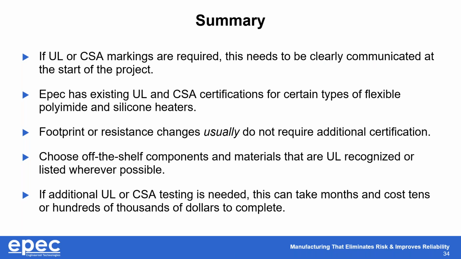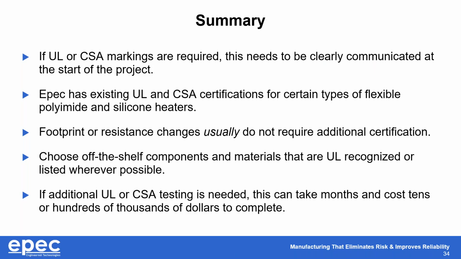But generally speaking, if all you're changing is the footprint and the bill of materials and stack up of the heater is the same, we usually do not require an additional certification to mark the part with the UL or CSA marks. We always suggest our customers use off-the-shelf components that are listed and or are UL recognized.